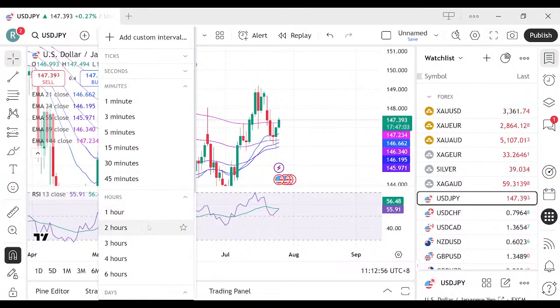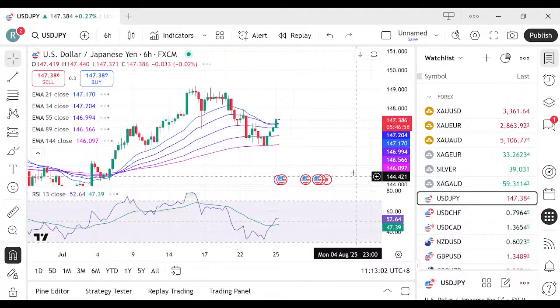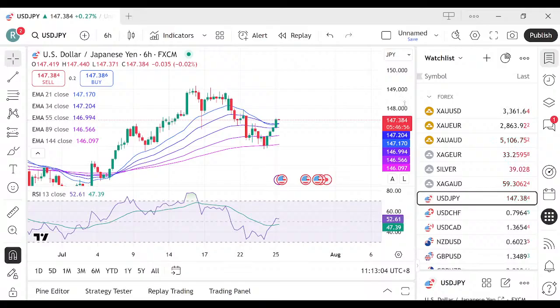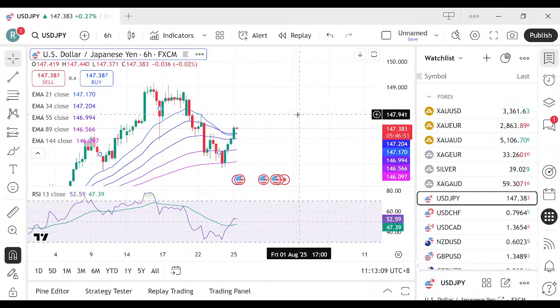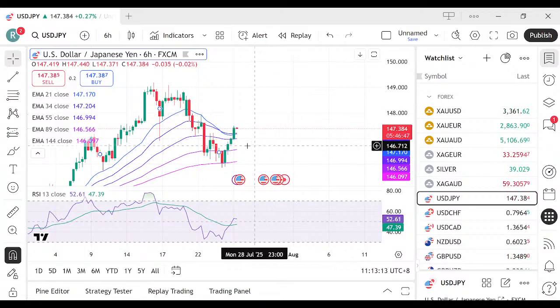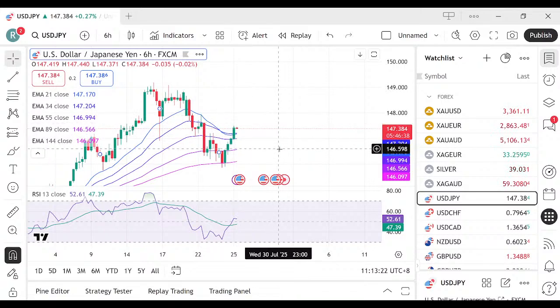For the scalping entry, we should be exiting before 90, and the entry should be somewhere near 47. And the day trading entry, we can go for slightly lower, which is 46.70.